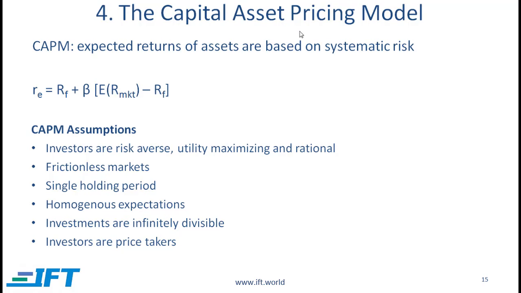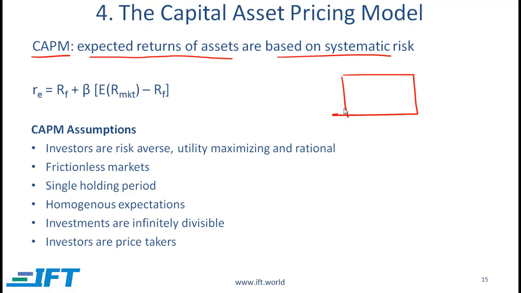The capital asset pricing model, or CAPM, is one of the most important models in finance. It allows us to compute the expected returns of assets based on systematic risk. You can think of CAPM as our model, and we give it two types of inputs. One type of input is related to the market, which includes the risk-free rate and the market risk premium, which is the difference between the expected market return and the risk-free rate.